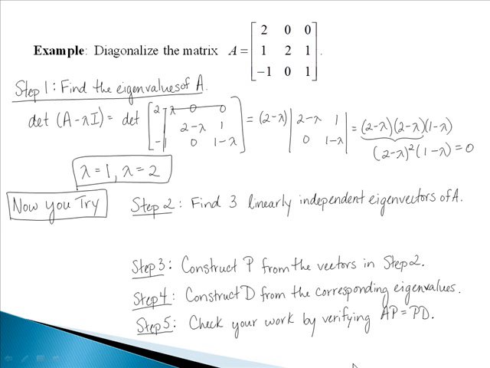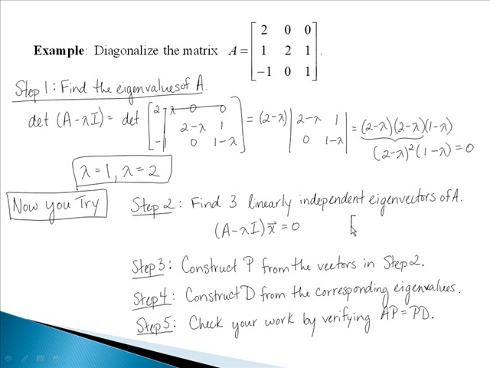So now I want you to try the rest of this problem. We found the eigenvalues in step 1, so I want you to finish steps 2 through 5. Step 2, you need to find 3 linearly independent eigenvectors of A. So remember that you're going to be solving our equation A minus lambda I times our vector x equals 0.